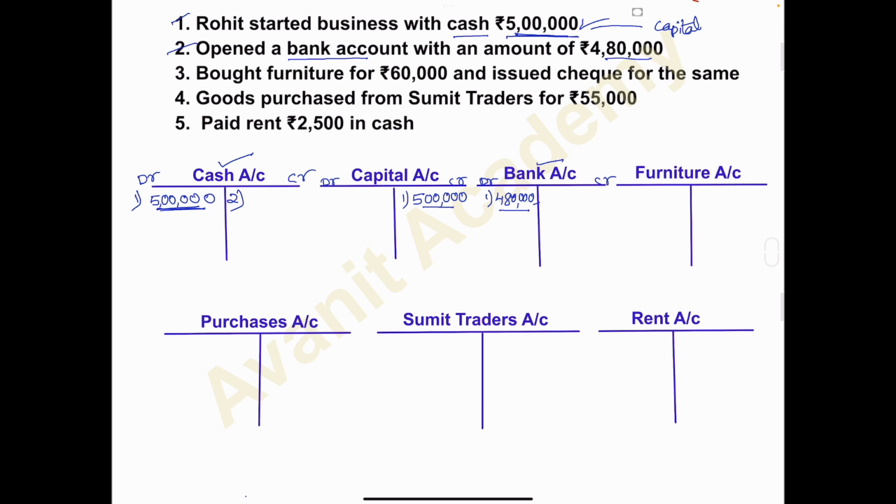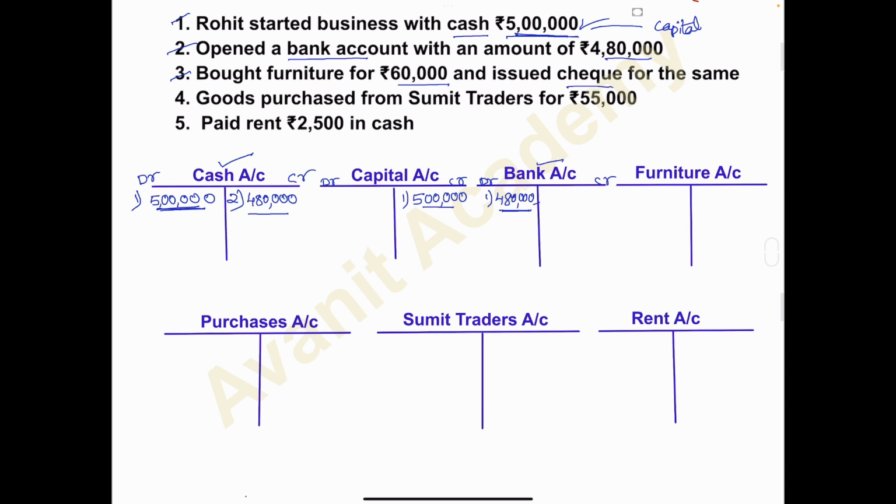It means the cash balance will decrease. So decrease in assets is to be credited. So in the cash account, we'll write on the credit side 4,80,000 for the decrease in the cash balance. Clear?